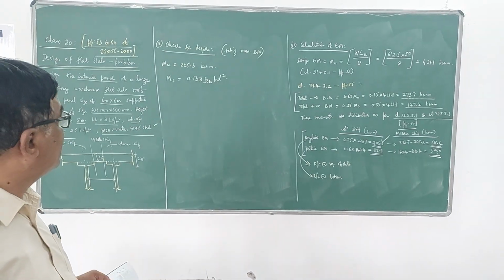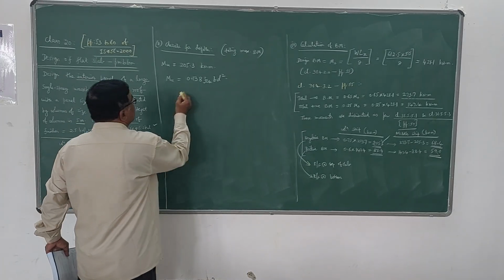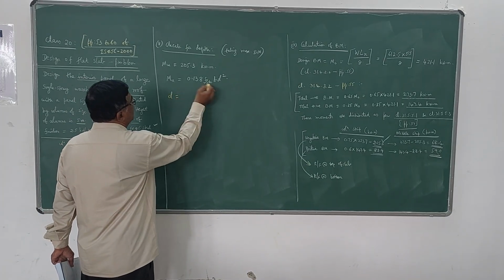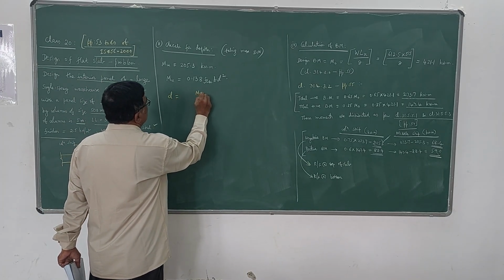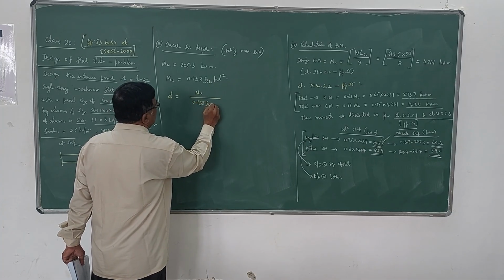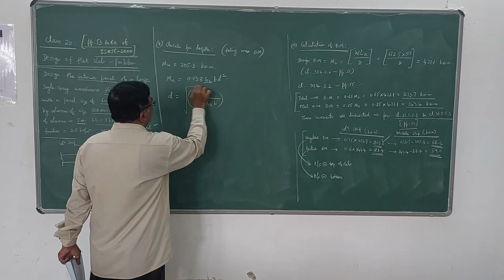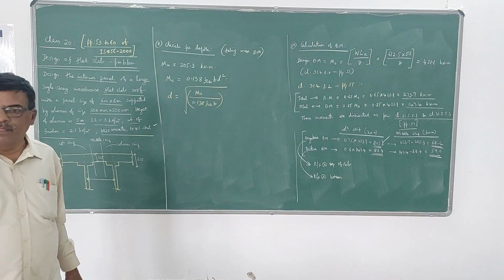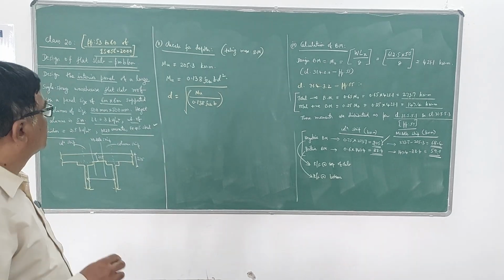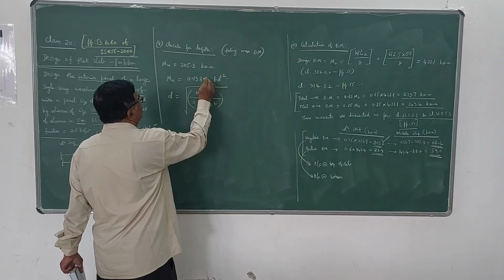Here we have to calculate d. So d will be the square root of Mu divided by 0.138 fck b. This 0.138 is for Fe 415 steel.